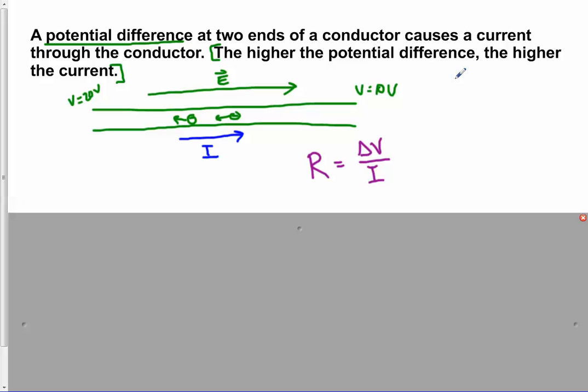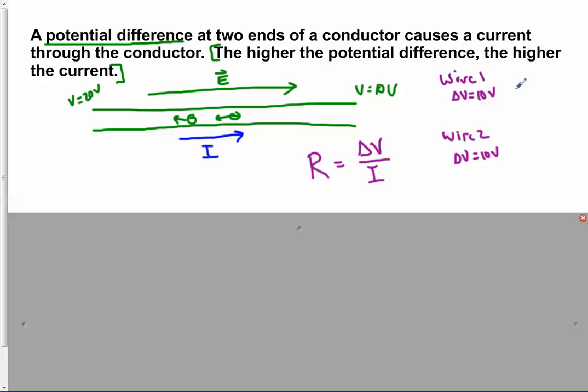Imagine we had two wires, wire 1 and wire 2, and for both of them we put a potential difference of 10 volts onto them, a 10 volt difference from one end to the other, right?